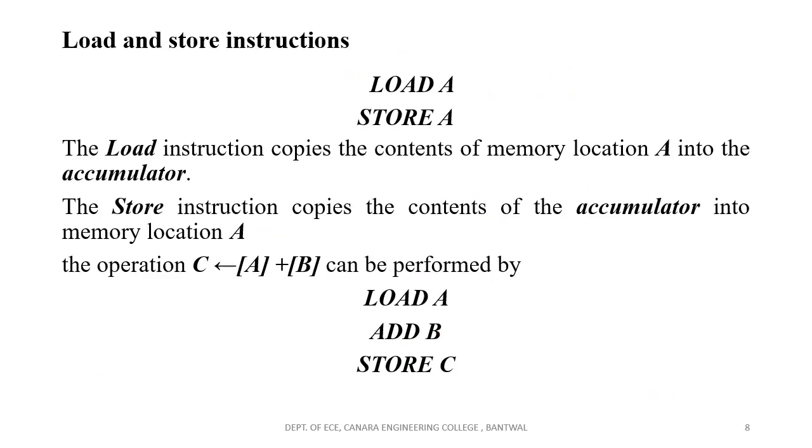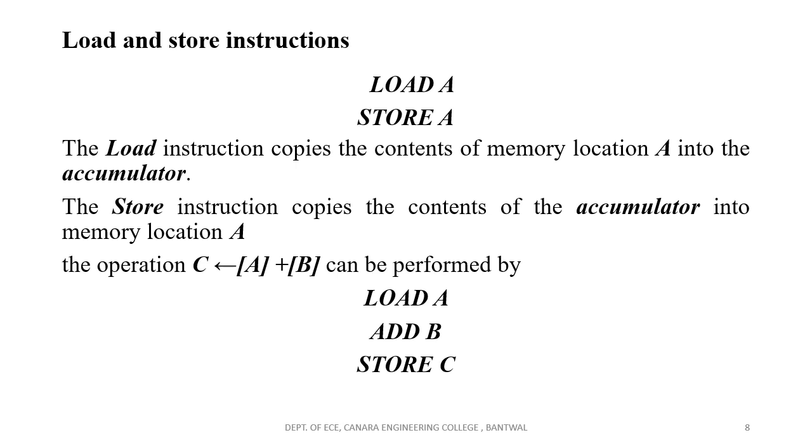However, in order to execute any instruction, there should be a transfer of data from memory to the processor and from processor to the memory. In order to perform this transfer of instructions or data, we have 2 sophisticated instructions, load and store.